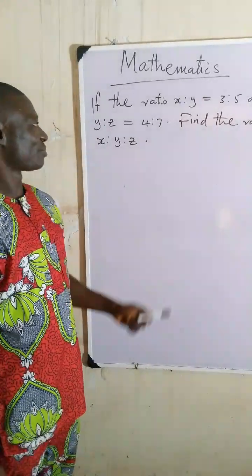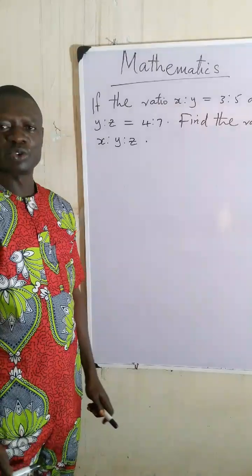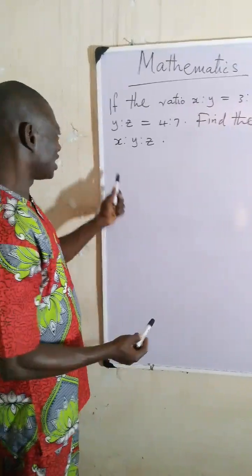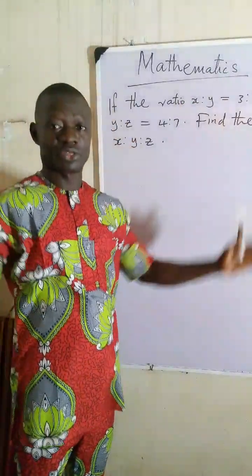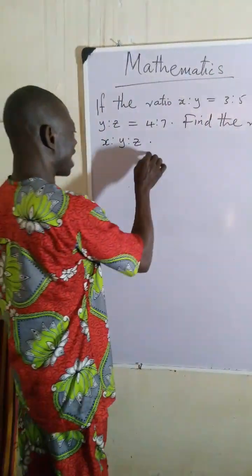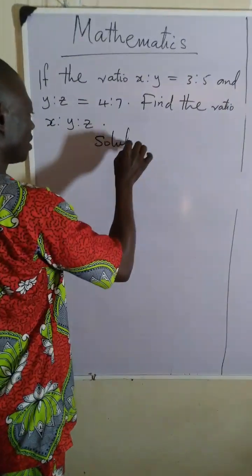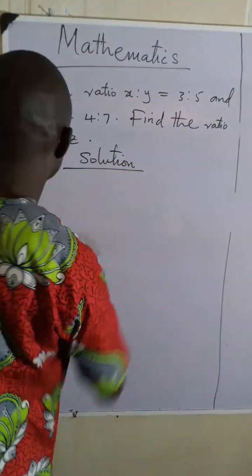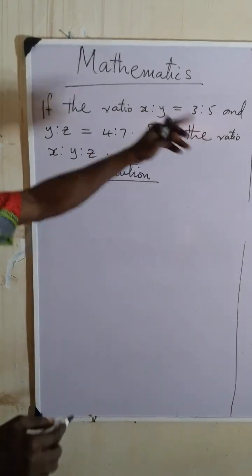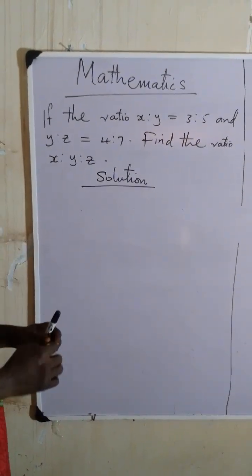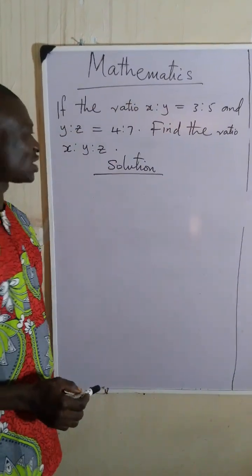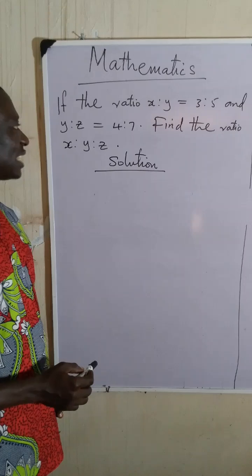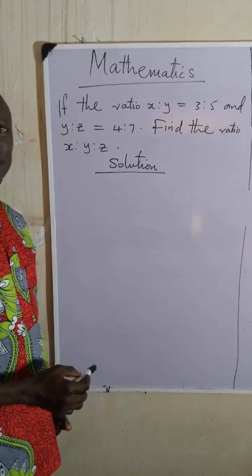Now there are 3 variables, and what we need to do is to solve them and find what will connect the whole 3 variables. So we start by writing the solution. We start with the very first one: x is to y means 3 is to 5.